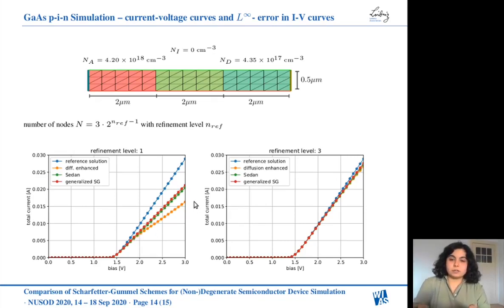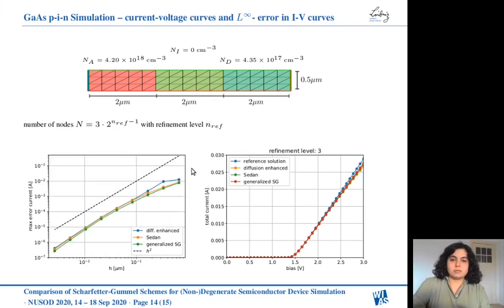Nevertheless, the IV curves do not coincide here in general, and hence the L-infinity errors in the computed total currents for the first 9 refinement levels are shown here in dependence of the mesh width. We see that all errors converge with an order h squared and that they behave quite similar.